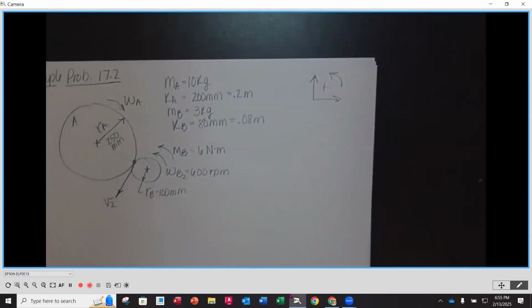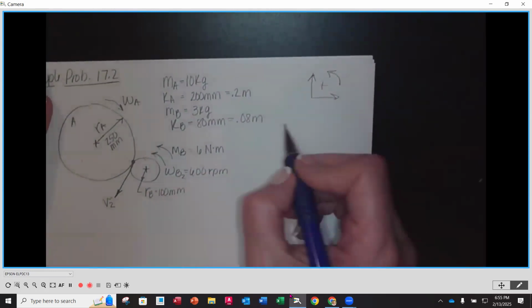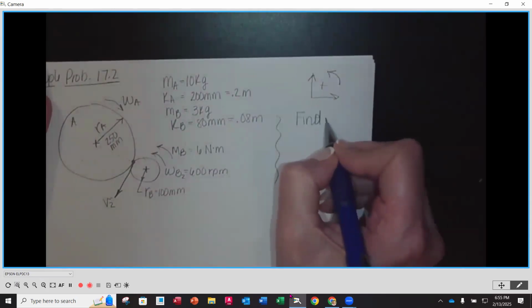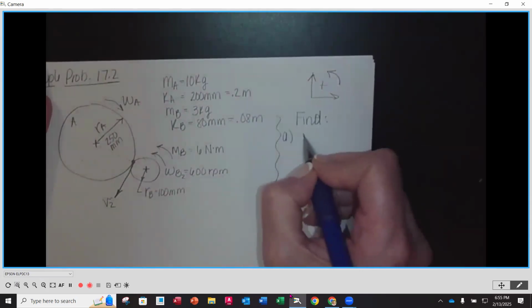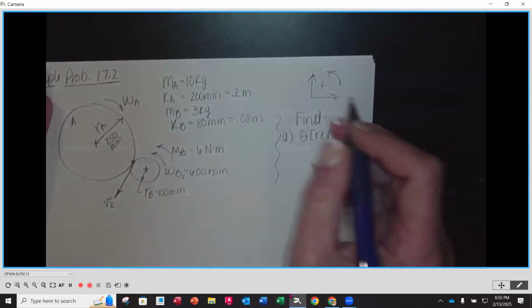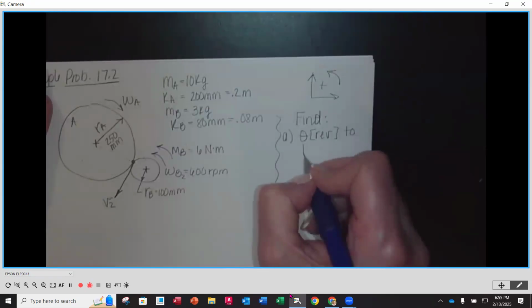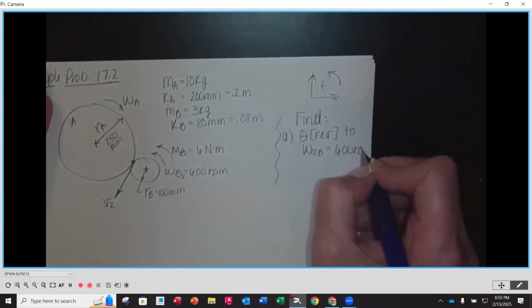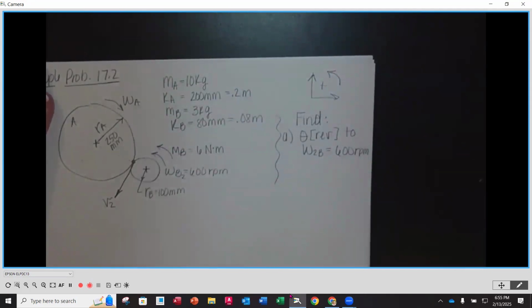Okay. We need to find, and this is 2 parts. In part A, we need to find theta in revolutions when omega_2B is equal to 600 RPM. And that means it's going to be its final. So we're starting out at rest here.